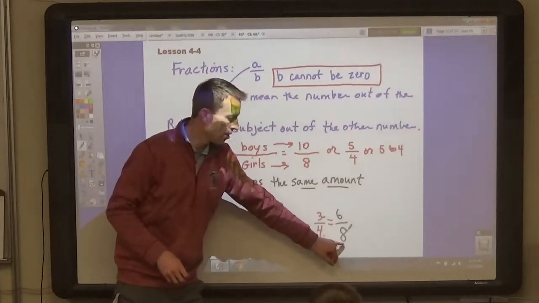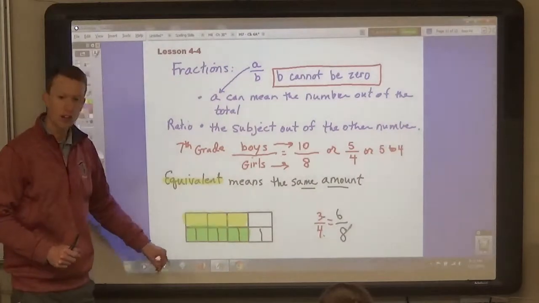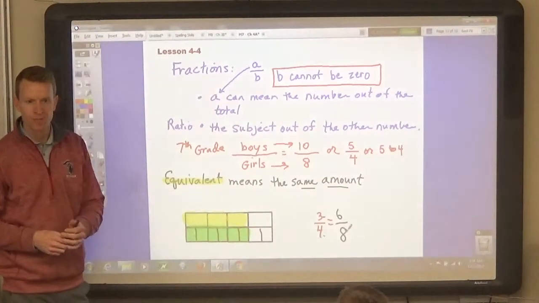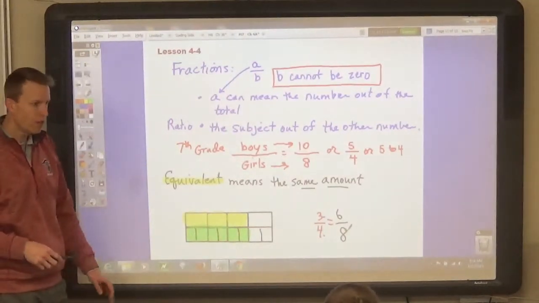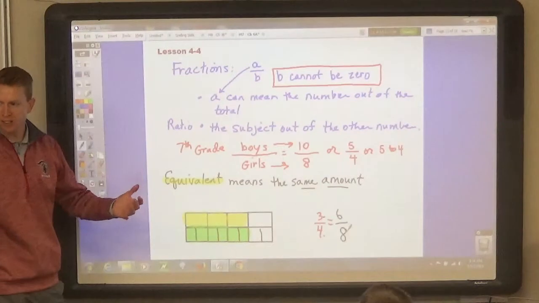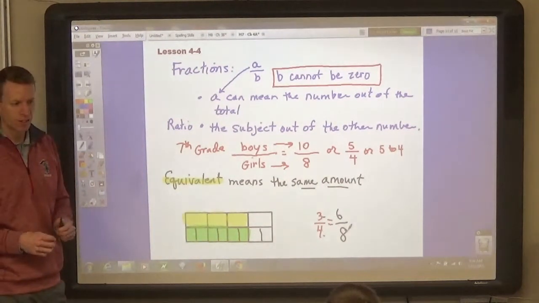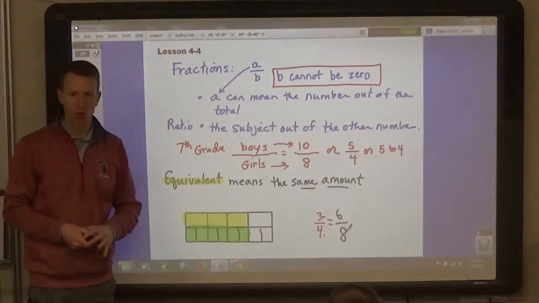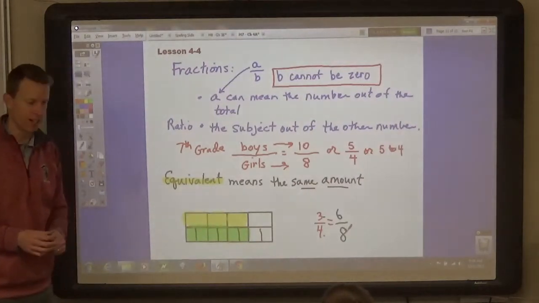What's different about them, Johnny? The denominator is larger, which means the pieces are smaller. There's more of them. The pieces are smaller. So when you have a bigger denominator, it means the pieces are smaller, right? If we just have 1/2, would you rather have 1/2 of 10 or 1/5 of 10?